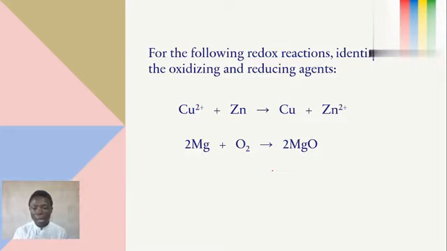Remember, we can do that by checking the addition of oxygen or the removal of oxygen. If there is no oxygen, you check the oxidation number. Is there an increment, or does the oxidation number decrease?